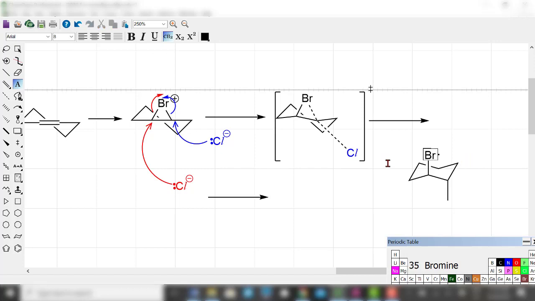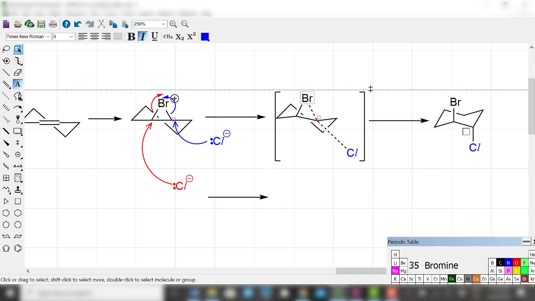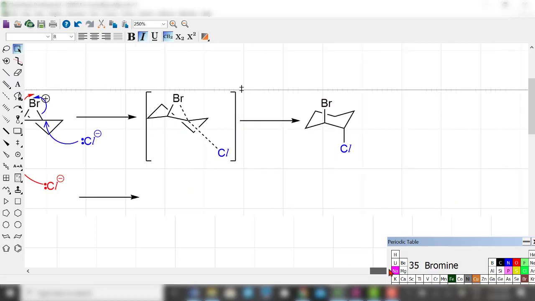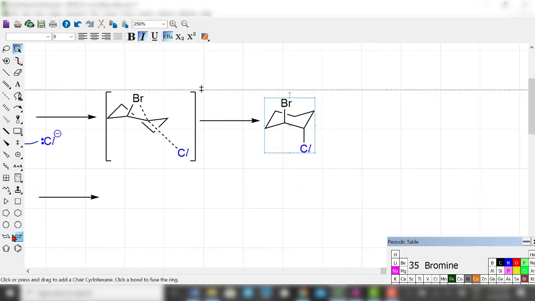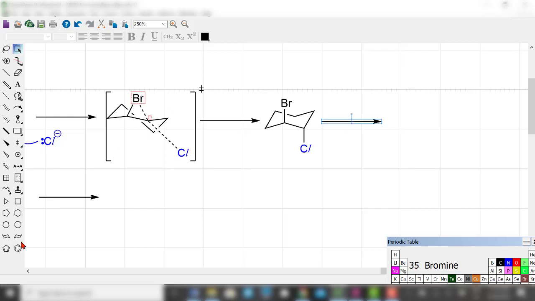So I'm going to write it out this way. And then you might expect, from your earlier studies of conformation, that this is not likely to be a very stable product. So you might be thinking, in that case, should we do a ring flip? Of course it will do a ring flip.